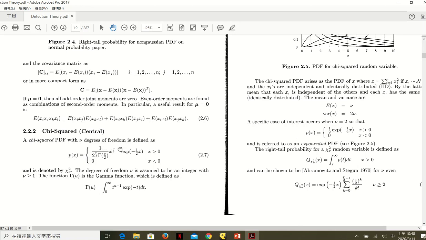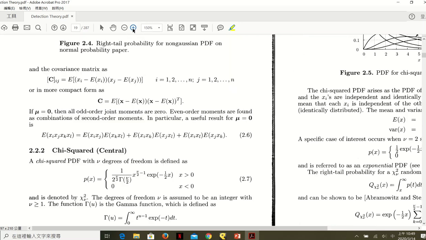And then there's an exponent over here, v over 2 minus 1, and e to the minus 1 over 2x. And its notation is chi-square v. Let me just emphasize a little bit.